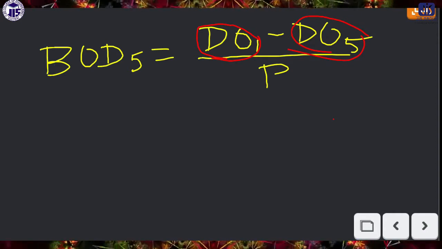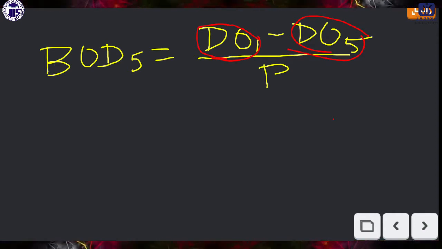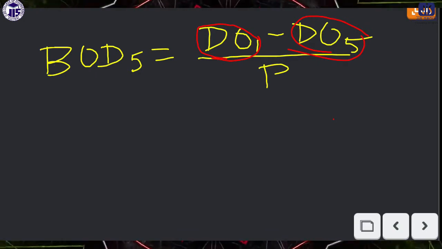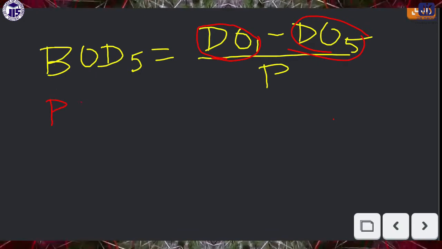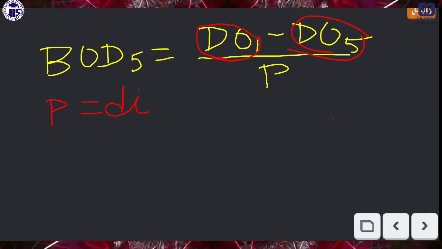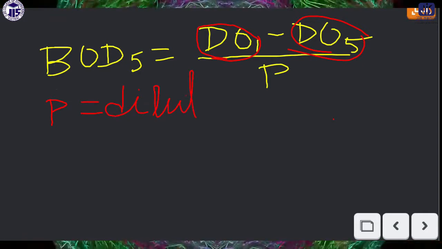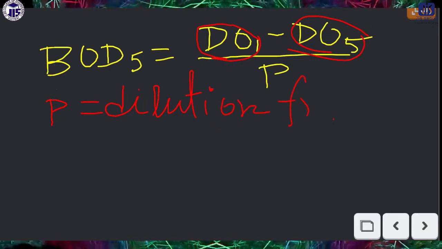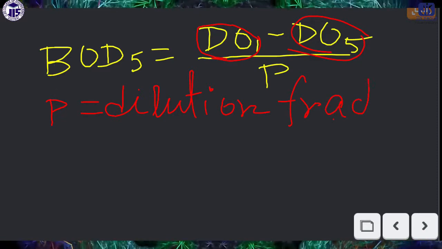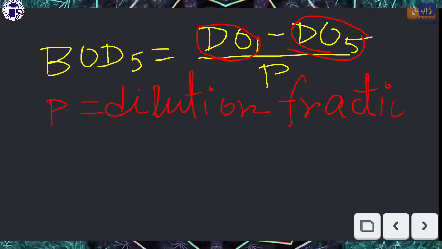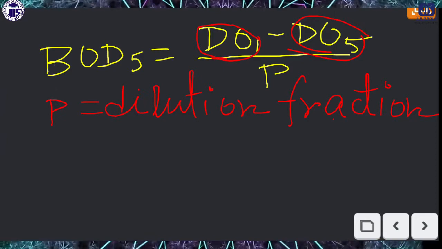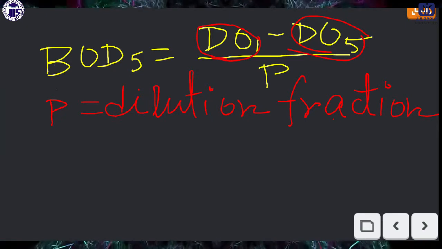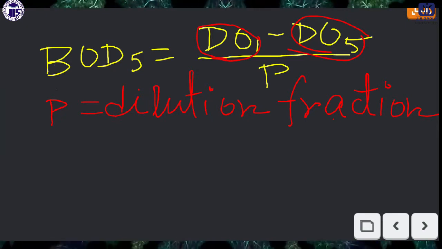Now what is P? P is the dilution fraction. First of all, how can we calculate the P value?